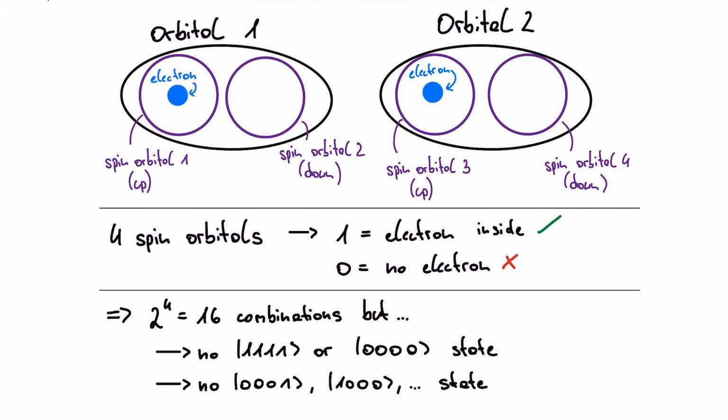So from the 16 possible combinations, several are ruled out. The only valid configurations are those where exactly 2 of the 4 orbitals are occupied, meaning 2 qubits are 1 and the other 2 are 0. And if you count those combinations, you'll find that there are exactly 6 possible configurations.